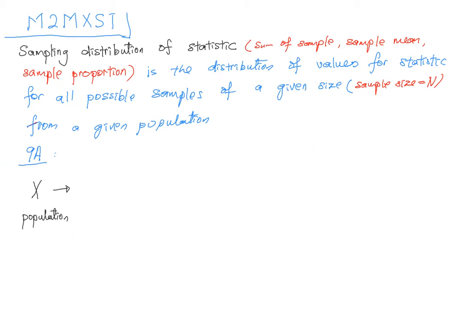Okay, so every population has a population mean. So this is called the population mean, correct? In real life, we are not able to find the population mean, and we are also not able to find the population standard deviation.